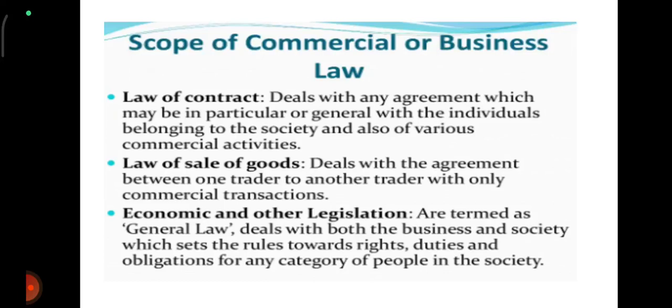After that, we will study the law of sale of goods, which deals with the agreement between one trader and another trader, with only commercial transactions. After that, we will study the economic and other legislation, which is a general law that deals with both the business and society, and sets the rules towards rights, duties and obligations for any category of people in the society.